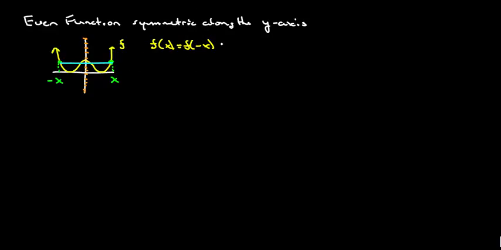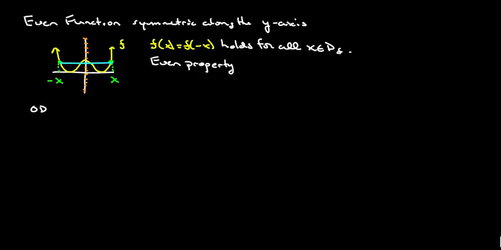This holds for all x in the domain of the function. This is the even property. So if you play around with your function algebraically and f of x is equal to f of negative x, then it has this even property and it's symmetrical on this line.